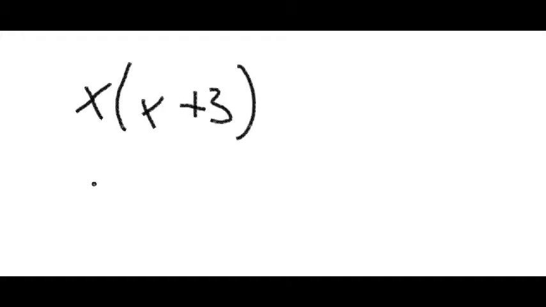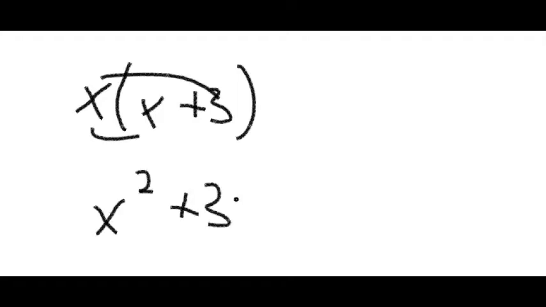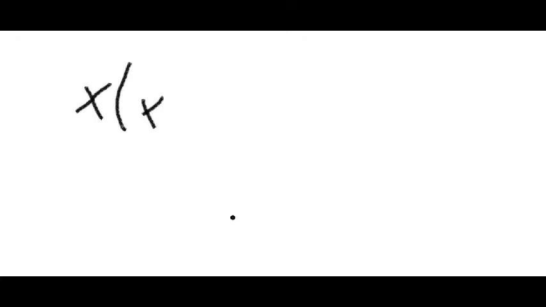Alright, another example there, similar to number 55. Let's say I have x times x plus 3. Alright, x times x becomes x squared, and x times 3 becomes 3x. Alrighty, hope you can get that. And then number 56 looks a little bit harder, but we can figure that out.